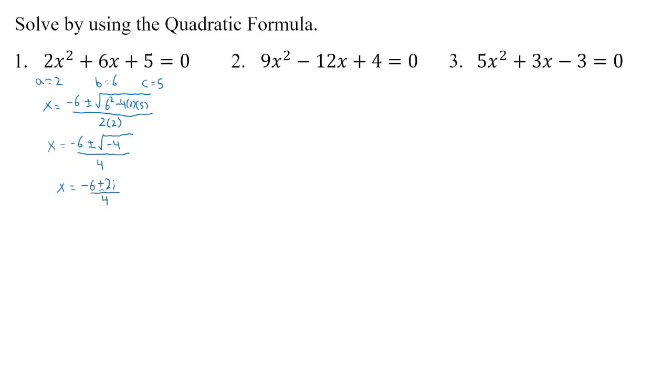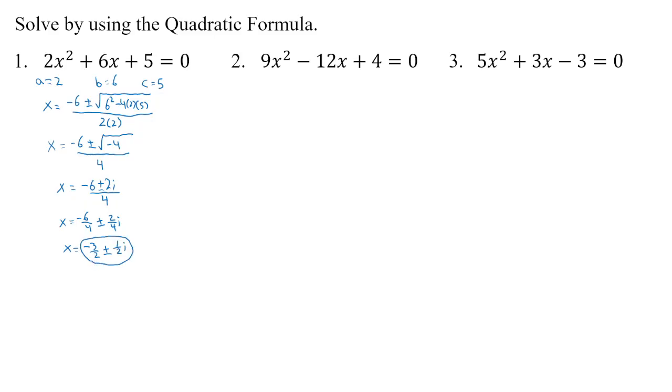And it looks like this is going to be a complex number, so we're going to rewrite this as a complex number: negative 6 over 4 plus or minus 2 over 4i. Negative 6 over 4 can be reduced, so this would be negative 3 over 2 plus or minus 2 over 4, which can be reduced to 1/2.